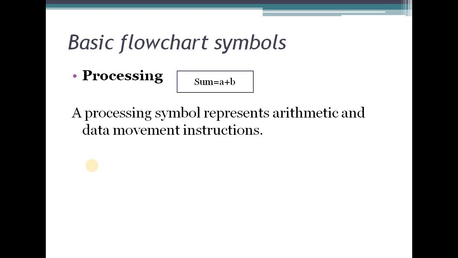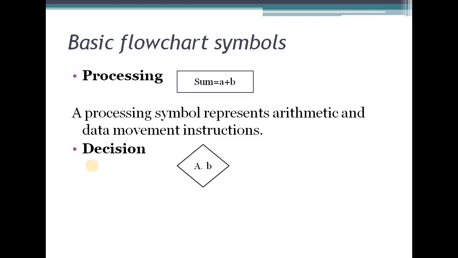Hence, in a flowchart, processing symbols indicate all arithmetic processes of adding, subtracting, multiplying, dividing and modulus. They also indicate logical processes of moving data from one memory location to another.